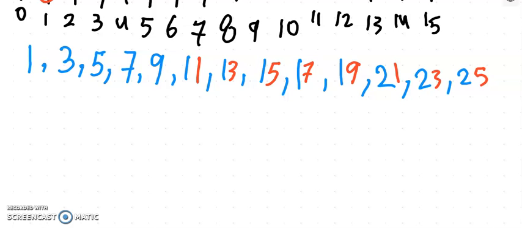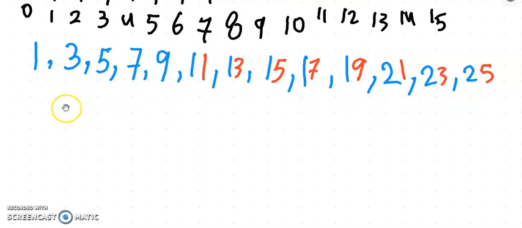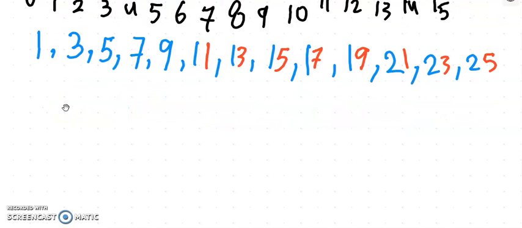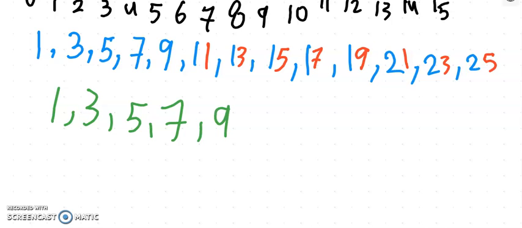There will be either 1, 3, 5, 7, or 9. If we look at 21, the ones place is 1. If we look at 25, the number in the ones place is 5. So 1, 3, 5, 7, 9 are called the odd numbers.